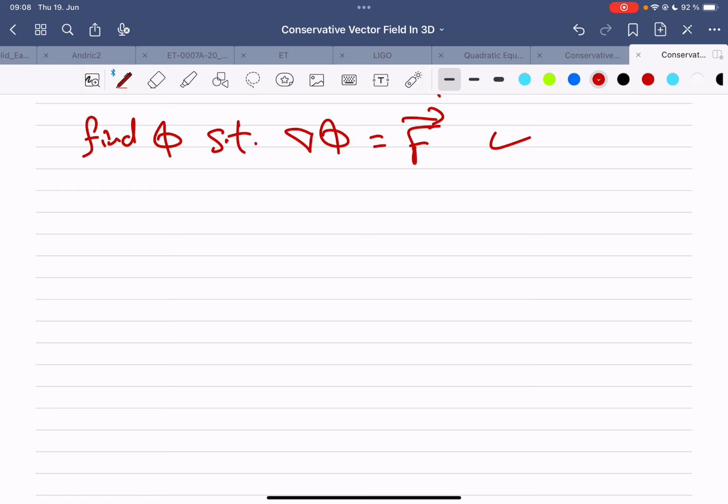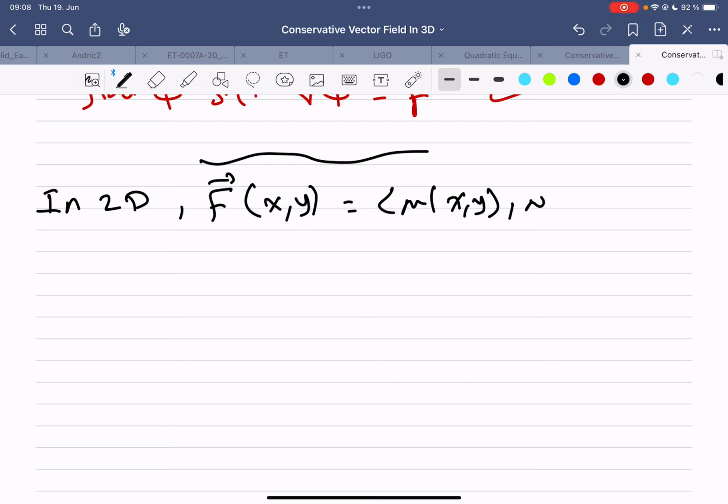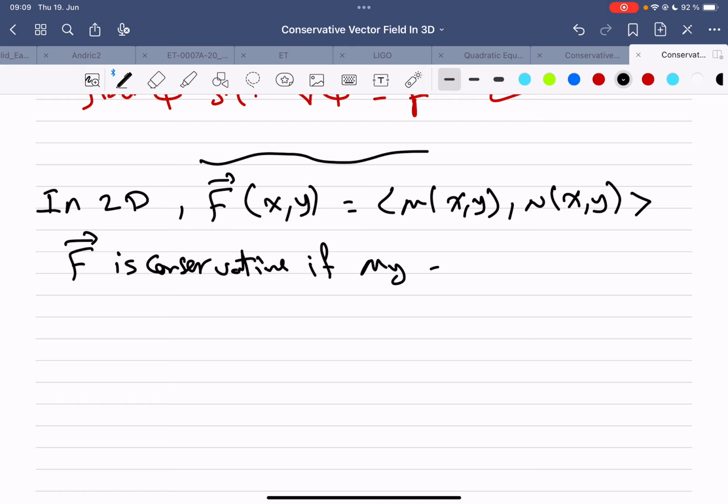Now, last thing we will see in this video: in the last video we said that in 2 dimensions, if f equal m of x y, n of x y, f is conservative if m y equal n x.